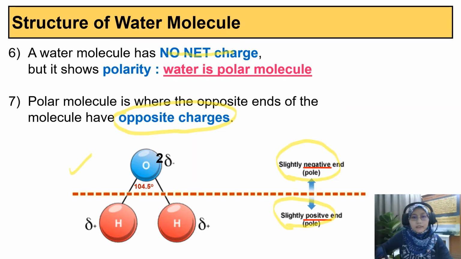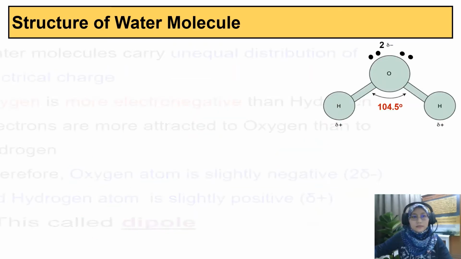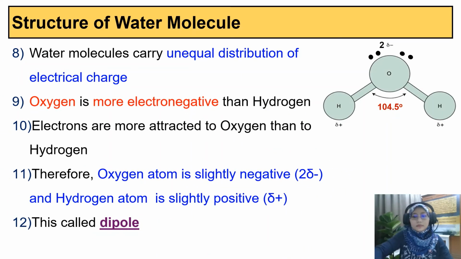The charge for the oxygen atom is listed as 2 delta negative, while the hydrogen atoms are listed as delta positive. Oxygen and hydrogen atoms have unequal distributions of electrons.